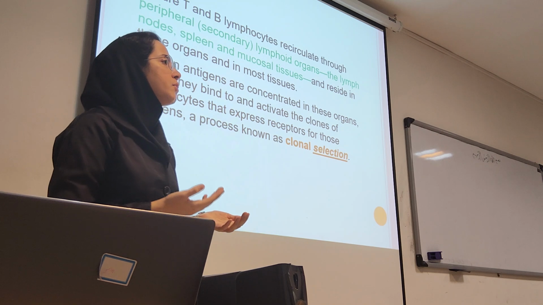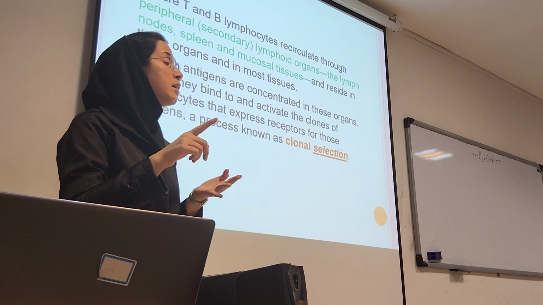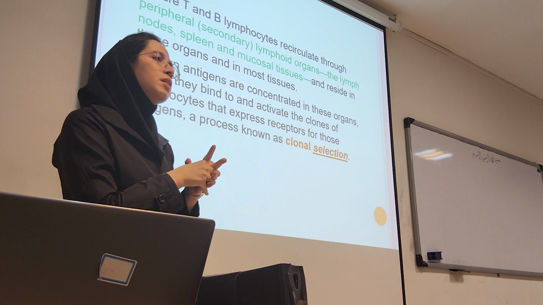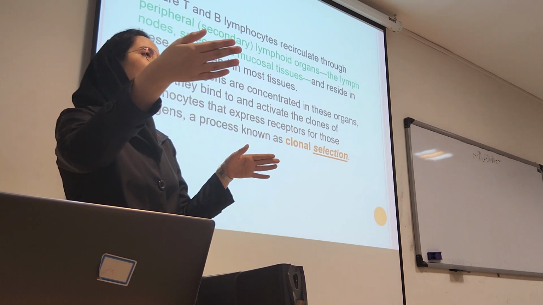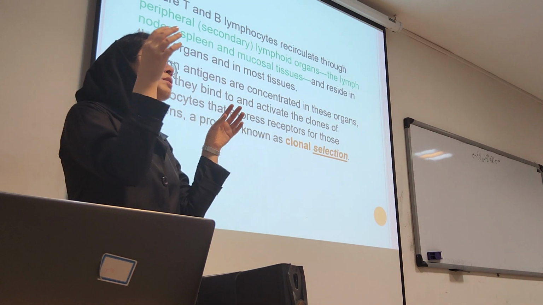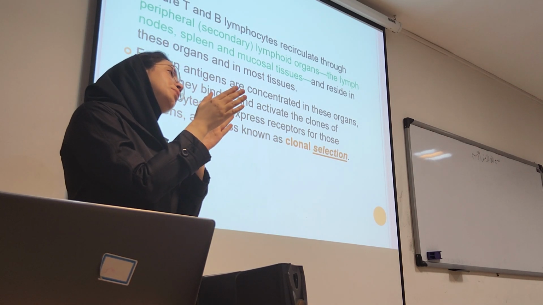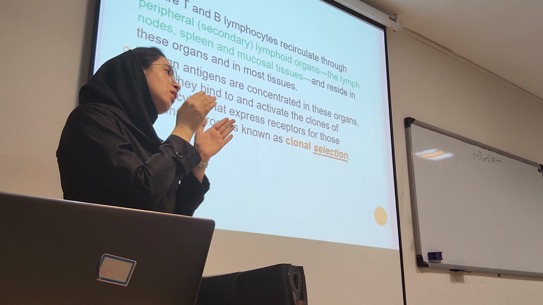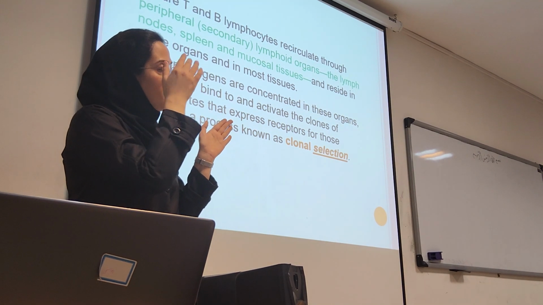They go to secondary lymphoid organs, for example lymph nodes. And what do they do there? Why do they go there? To encounter the antigen. Yes, because they should see the antigen there. Before they become familiar with the antigen, they are naive lymphocytes. They are inactive, and after that, they become activated.